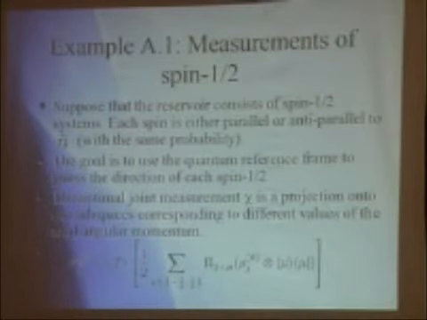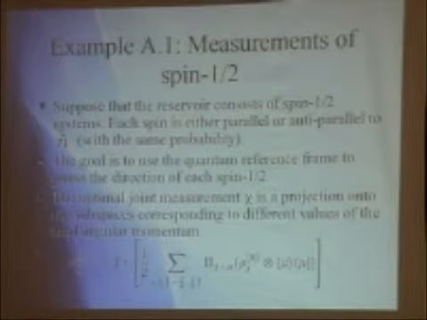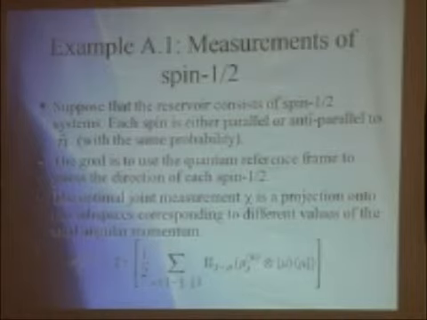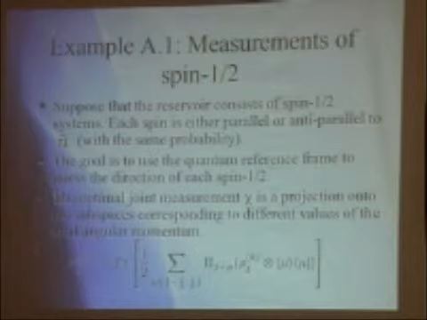Okay, so let's go over an example. Suppose that we consider a reservoir of spin 1 halves, and that each of the spins is pointing either in the n-hat direction or in the opposite direction, with the same probability of being in either.